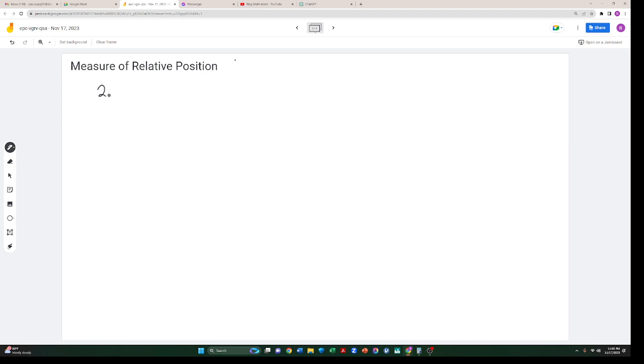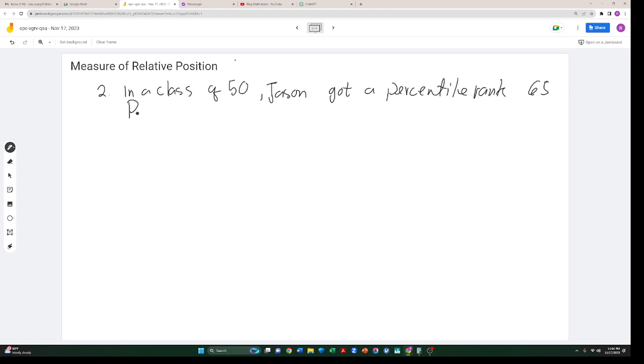So problem number 2: in a class of 50, Jason got a percentile rank of 65, which can be denoted by P65.